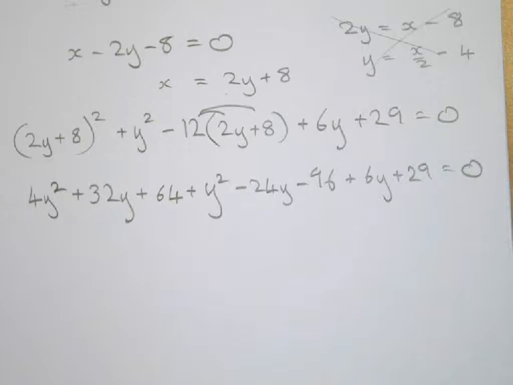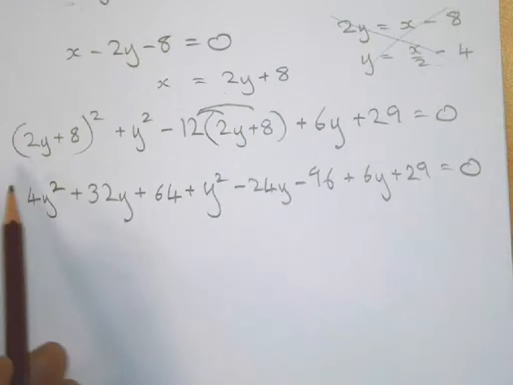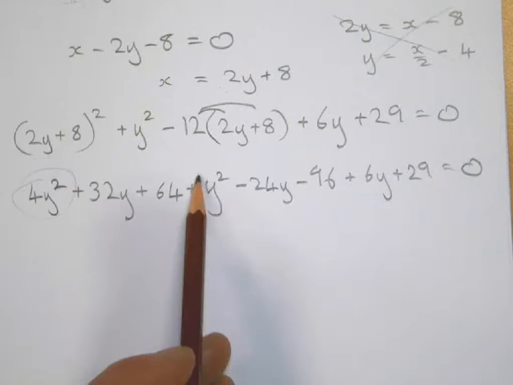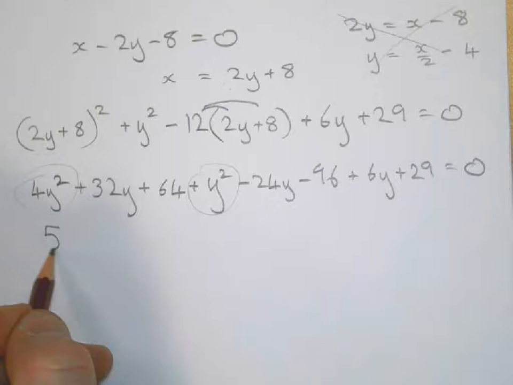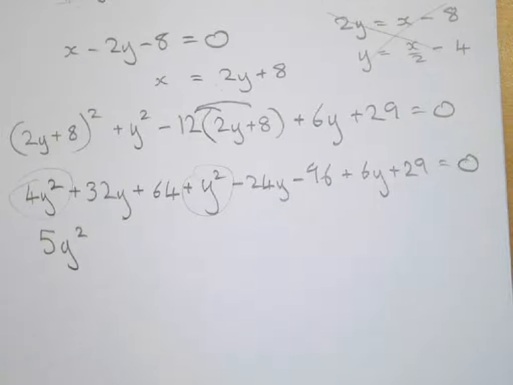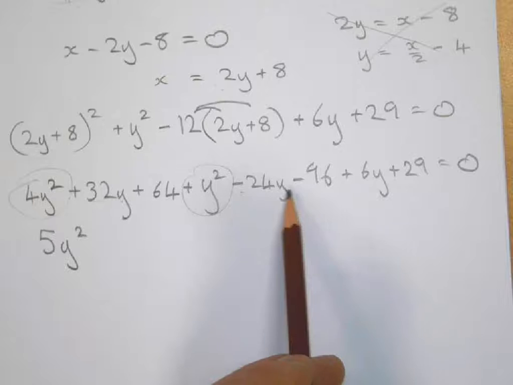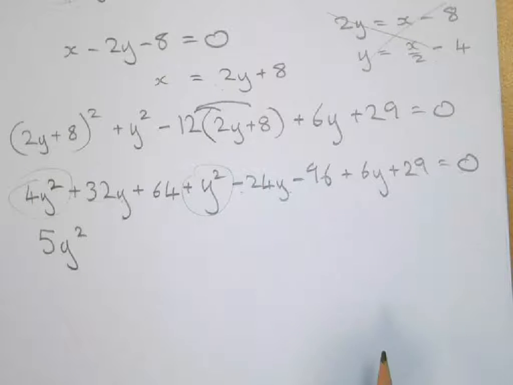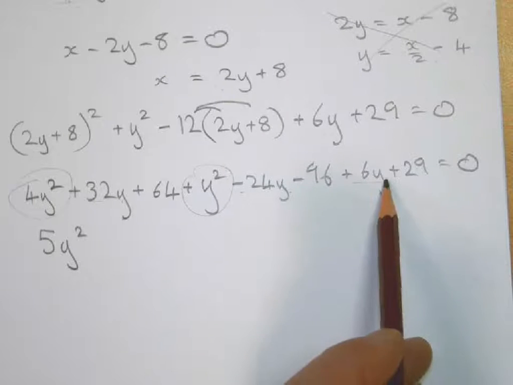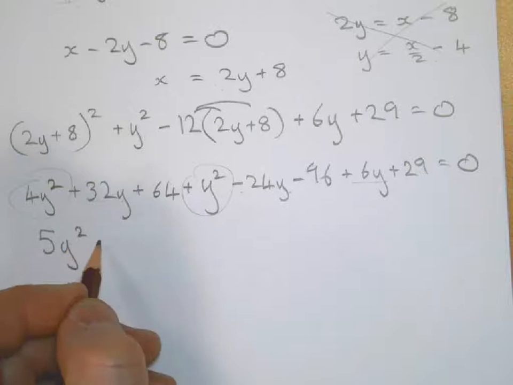So we've got to collect together the like terms. We've got a 4y squared here and a y squared there, which gives you 5y squared. You've got 32y take away 24y is going to give you 8y, plus the 6y exactly is going to give you plus 14y.